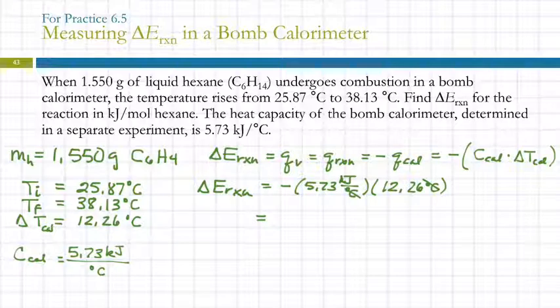So I've got negative 5.73 times 12.26. This gives me negative 70.249. I've got 3 sig figs because of the Q for the calorimeter, and the units are kilojoules. That's the amount of heat given off when 1.550 grams of liquid hexane burns. Any questions about that?